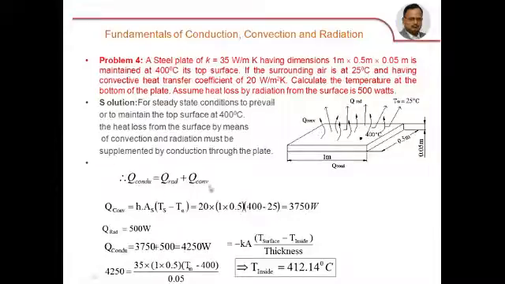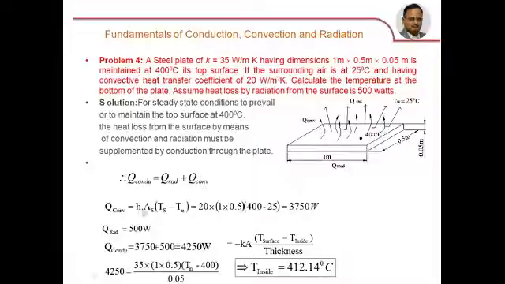So the energy balancing equation is: the rate of heat entering the plate and reaching the surface by conduction should be equal to the amount of heat loss from the surface into the environment by radiation plus convection. So Q conduction is equal to Q radiation plus Q convection.